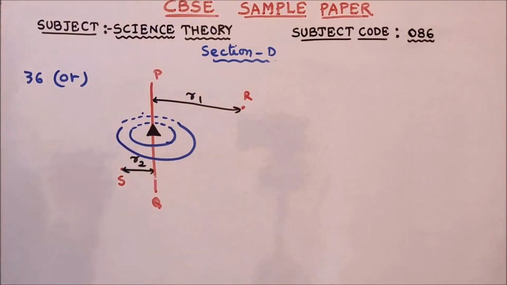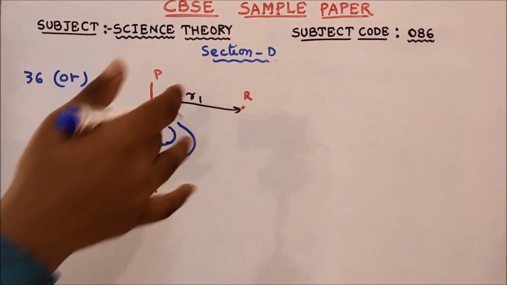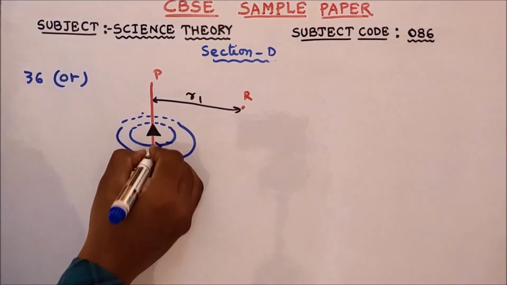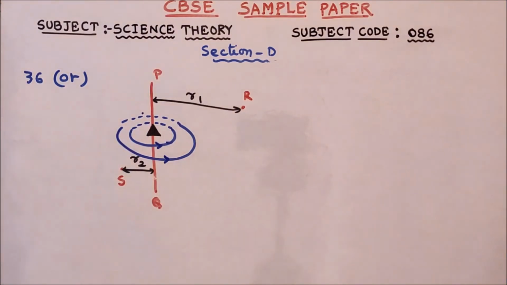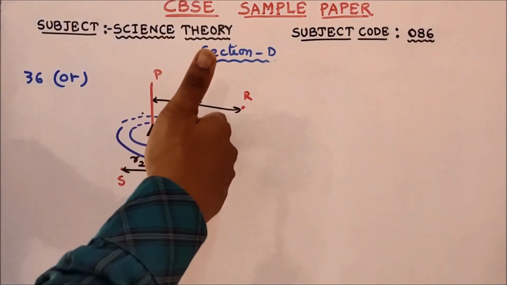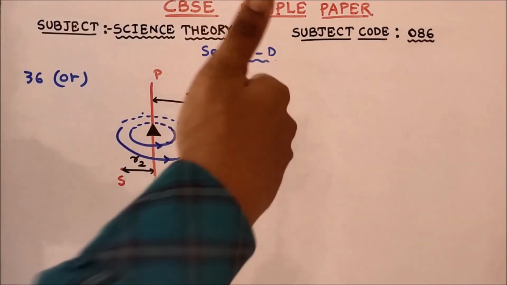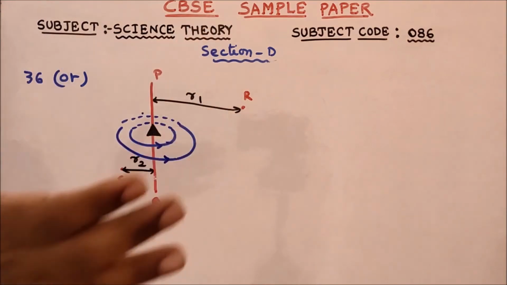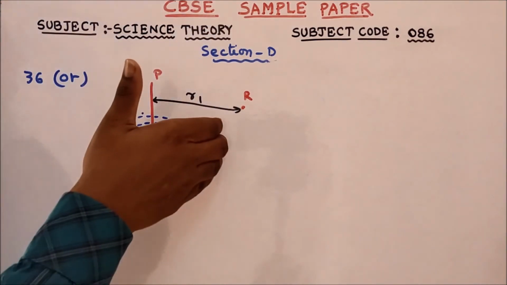If I take above the conductor, the curved fingers are moving from left to right. And when I am looking at the point R, which is on the surface, the curved fingers are moving into the plane.